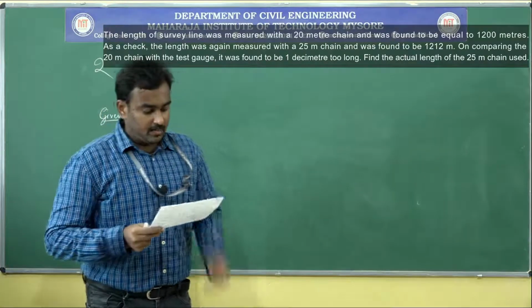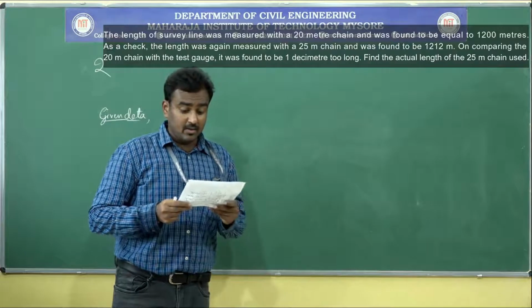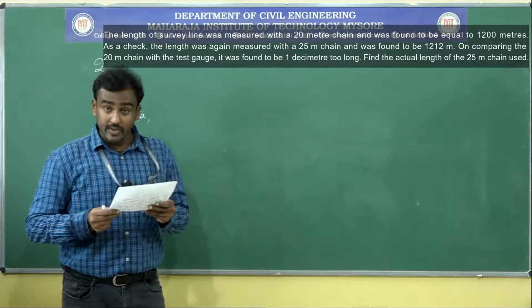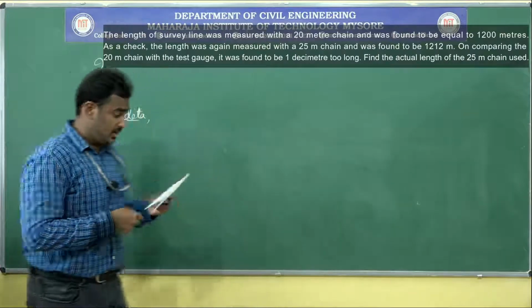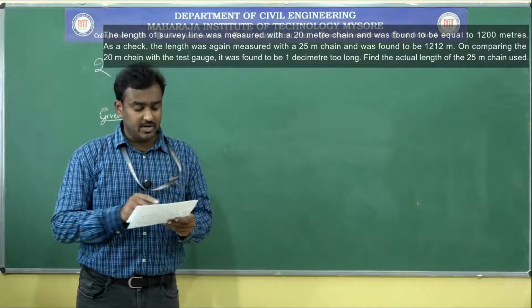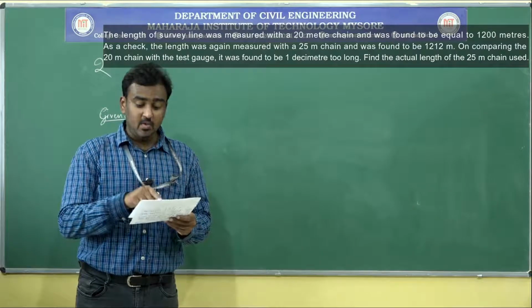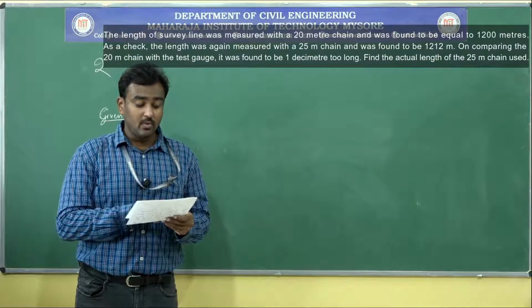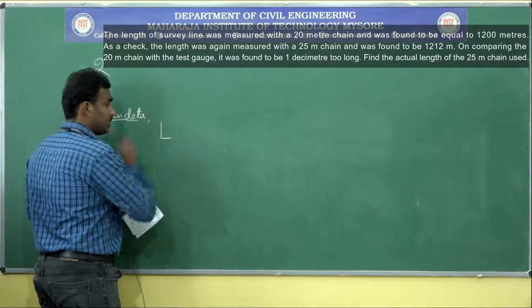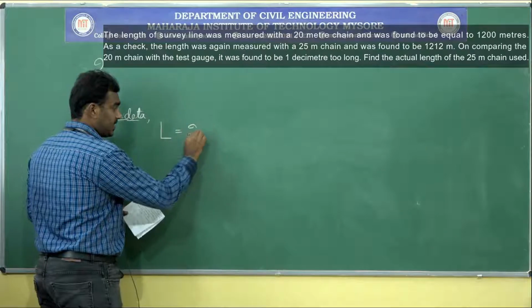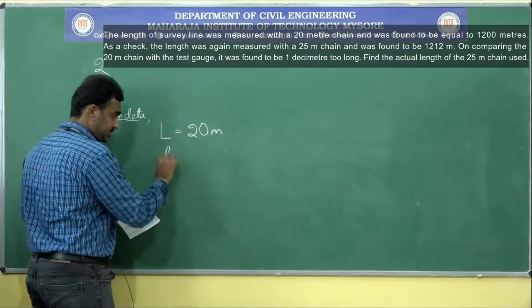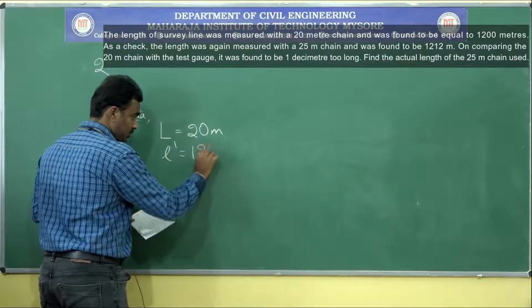Let me read out the problem. The length of the survey line was measured with a 20-meter chain and was found to be equal to 1200 meter. So the designated length of the chain which they have used is 20 meter and the measured length is 1200 meter.